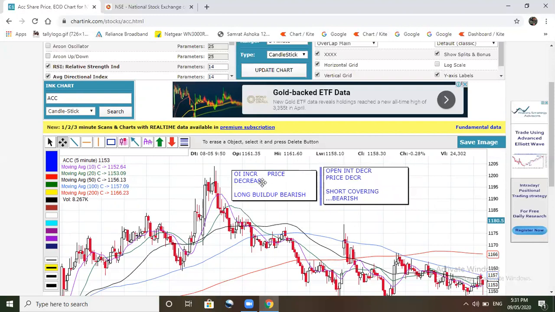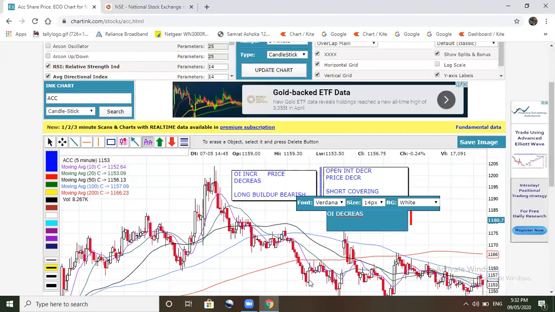And the fourth condition is OI decreasing and price increasing. Then what is happening?